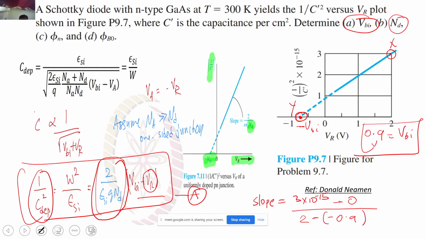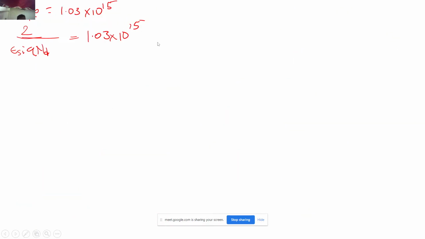Now let's check. Here epsilon Si won't be there, epsilon gallium arsenide will be there. So this won't be Si, this will be GaAs. Now 2 upon epsilon of GaAs is, I guess, 13.1.